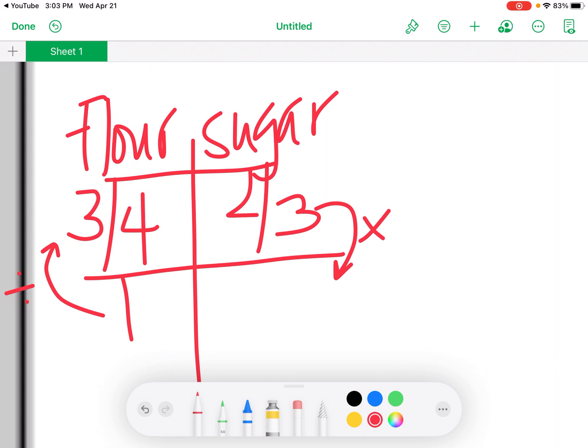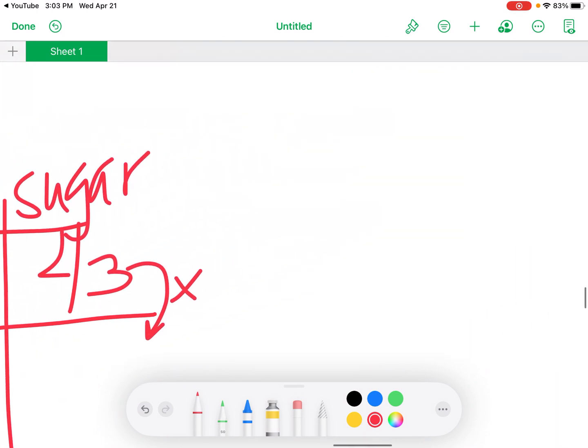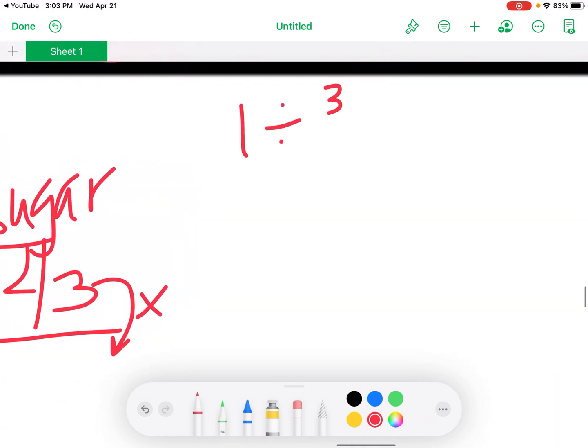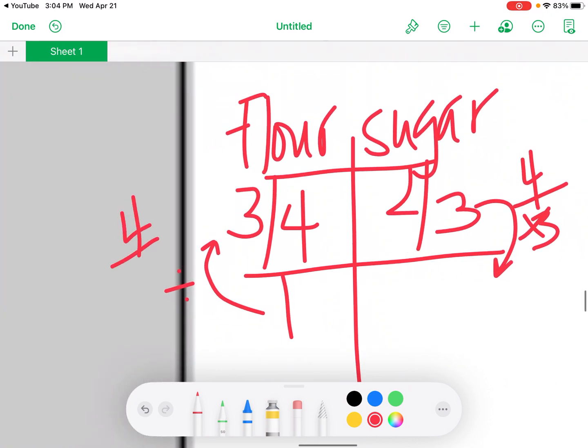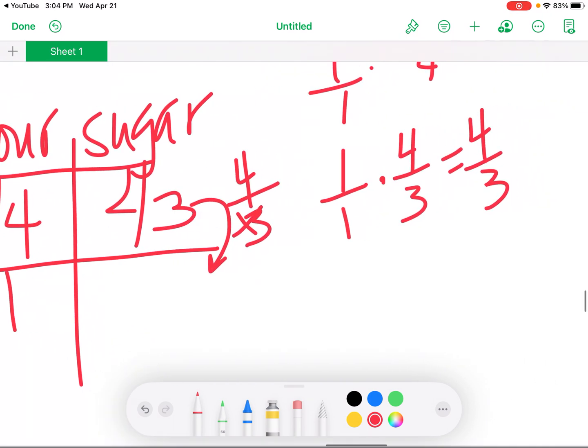So I'm doing 1 divided by 3/4. One over 1 times 4/3, because I have to keep change flip. I get 4/3. So now I'm going to do 2/3 times 4/3, and I get 8/9.